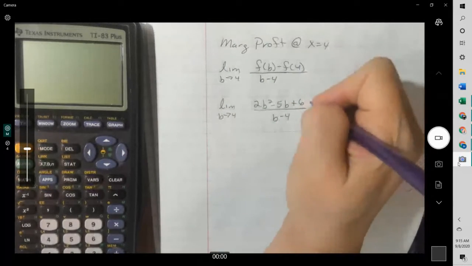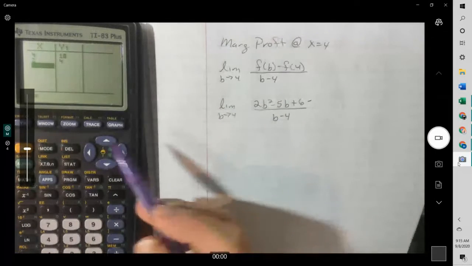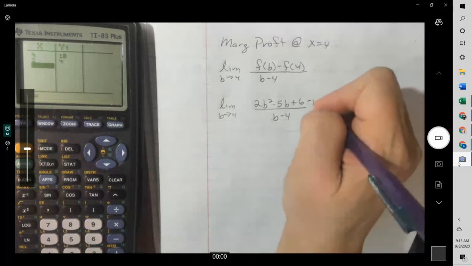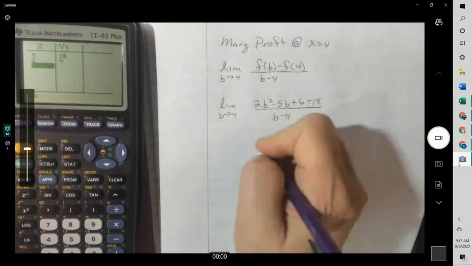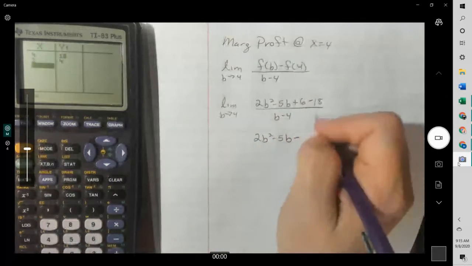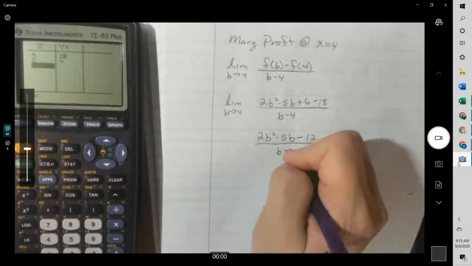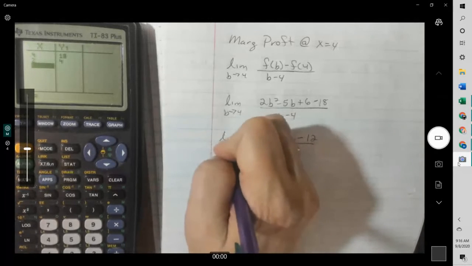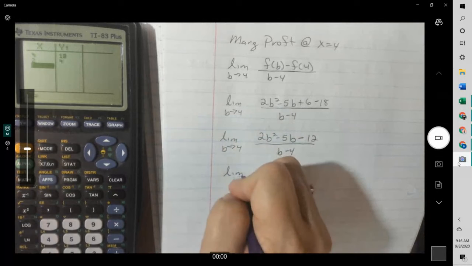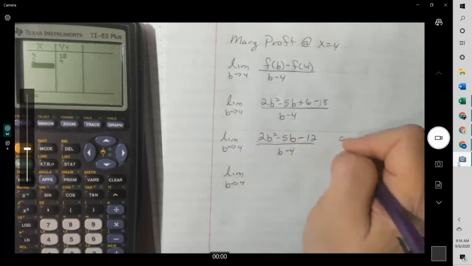Then we need the minus f of 4. And f of 4, that's still in my calculator, was 18. So we have 2b squared minus 5b minus 12 over b minus 4. Now if you plug in 4, you're going to get 0 over 0.